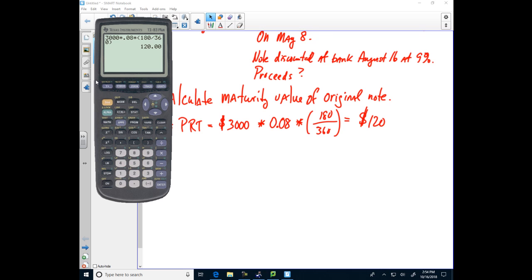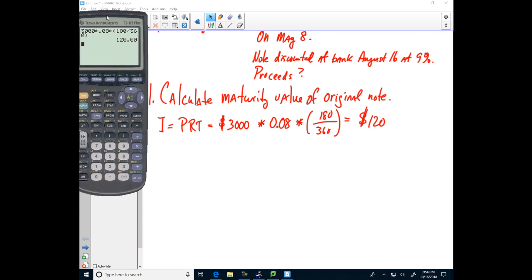Now the maturity value is what? It's the principal plus the interest. So that's what the note's going to be worth at the end of 180 days.